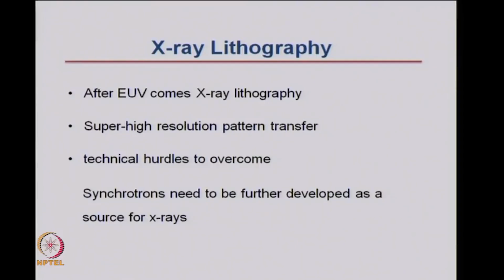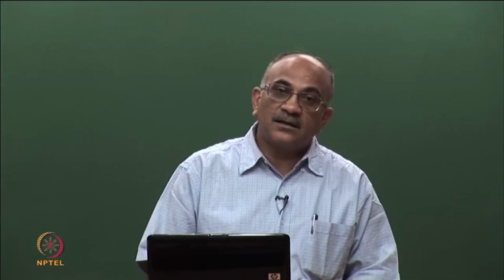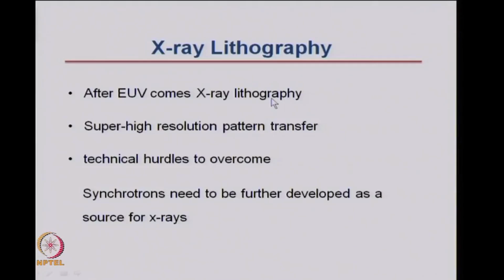There are other techniques like UV lithography etcetera, which have a limit to what kind of resolution of pattern can be transferred onto the film. But X-ray lithography has technical hurdles, and most of the time you need synchrotron X-rays. Synchrotrons are not available everywhere, you cannot have synchrotrons in every laboratory.